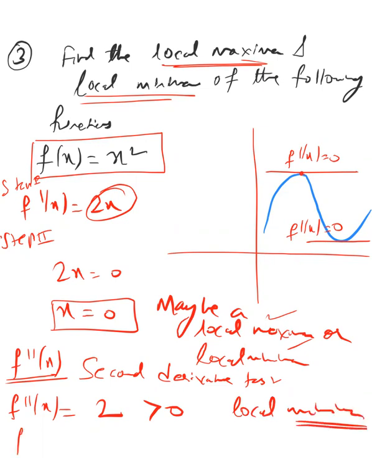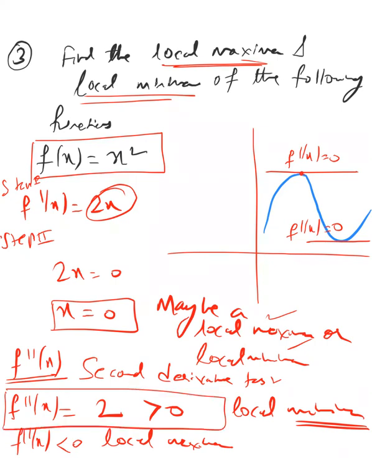If it is coming negative, then it is local maxima. If it is coming equal to 0, it means it is neither local maxima nor local minima, and you have to check in a different way. Getting it? So f double dash x is coming positive. It means it is a local minima.